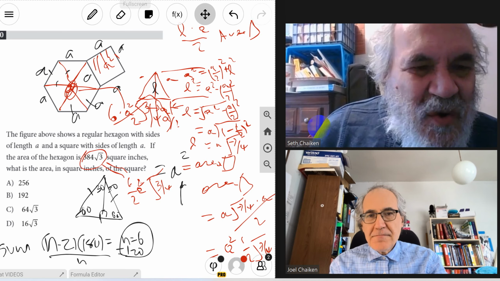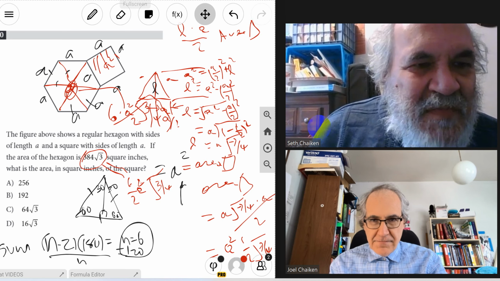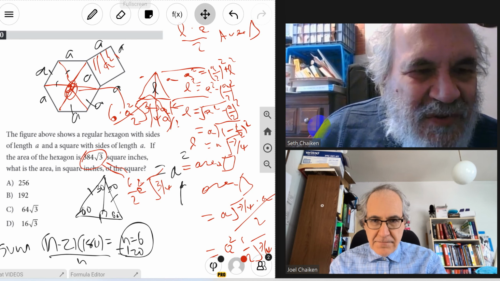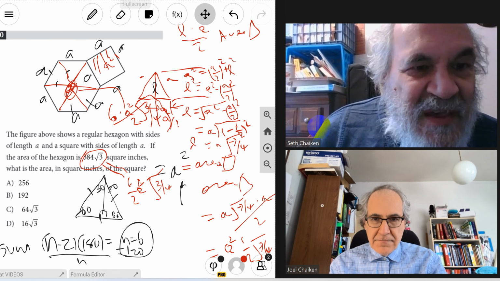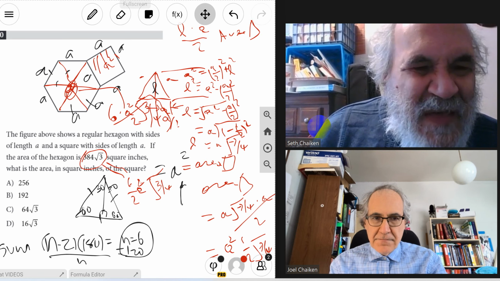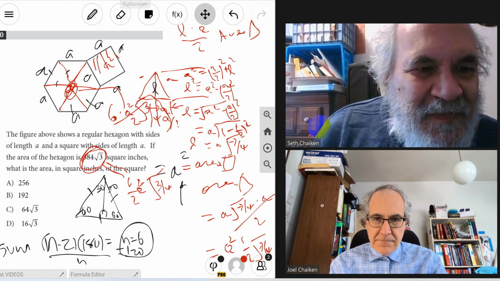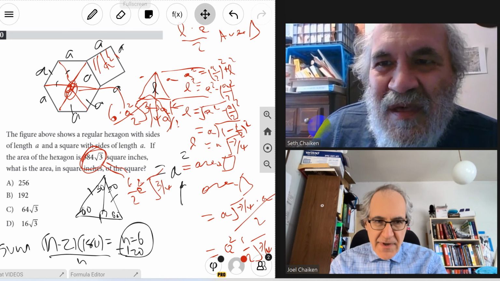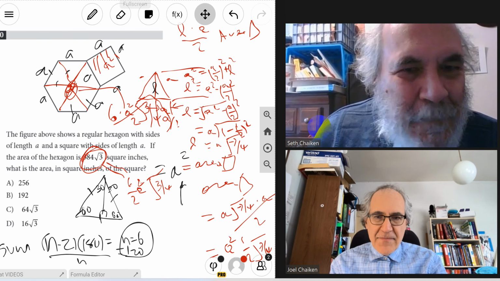So if this messy number, 384 times the square root of 3, equals A squared times this constant, then A squared equals this thing. Basically, you're solving for A squared. That's the bottom line.